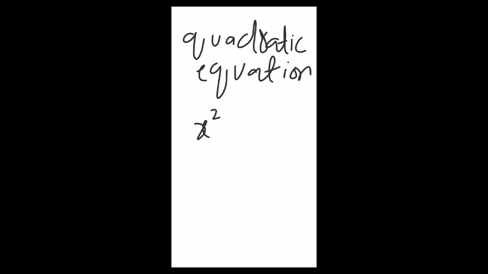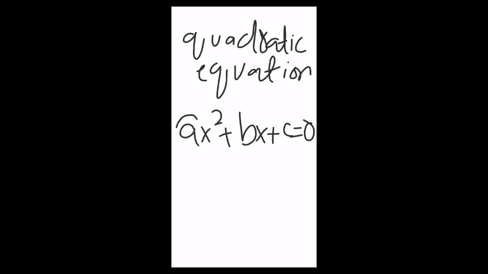Fine. And in this quadratic equation we're going to use a standard form. And what is that standard form? The standard form of a quadratic equation is ax squared plus bx plus c is equal to 0. Now I am going to elaborate on each of these, how they work together.